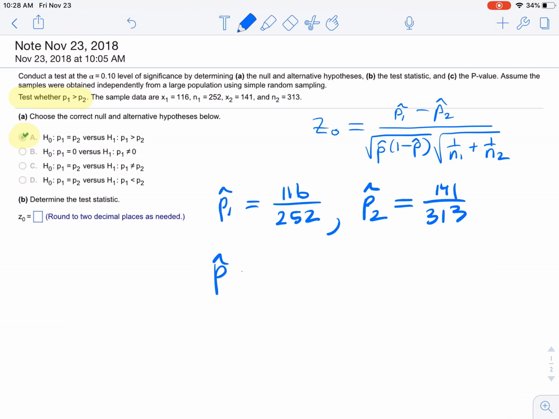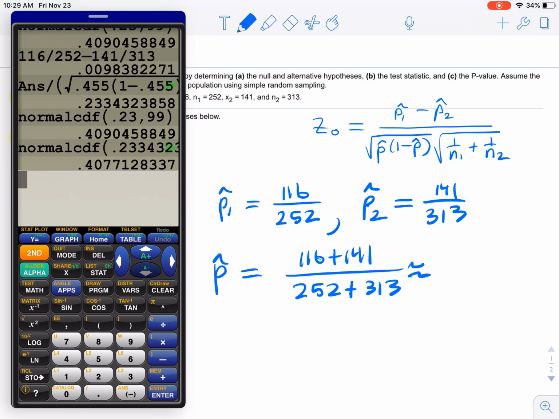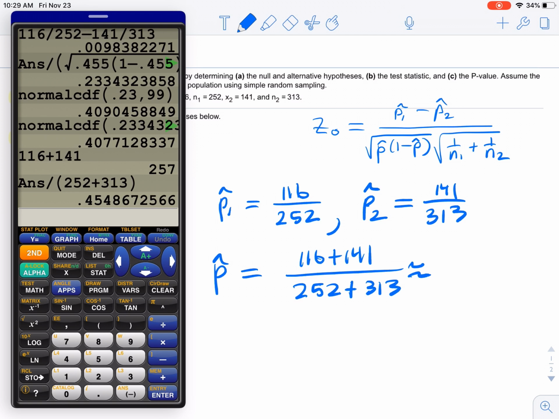The pooled proportion equals 116 plus 141 divided by 252 plus 313. So you get 0.455, if we round to the thousandth.